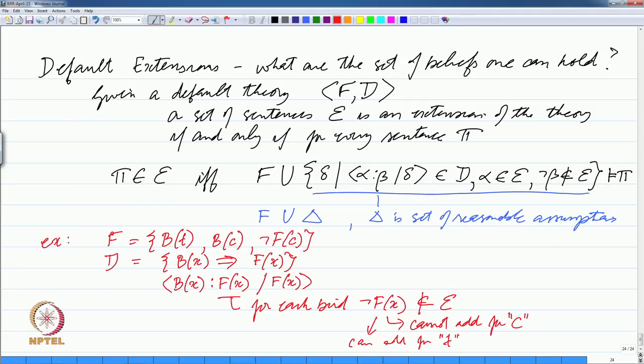Why can we add this for Tweety? Because we cannot add it for Chili, because we know that not flies Chili is already in the first order theory, which means it is already in the extension, and the condition says that the justification must not be negated in the extension, and the justification is that Chili can fly, and that is negated by the extension, because it is there in the first order theory itself.